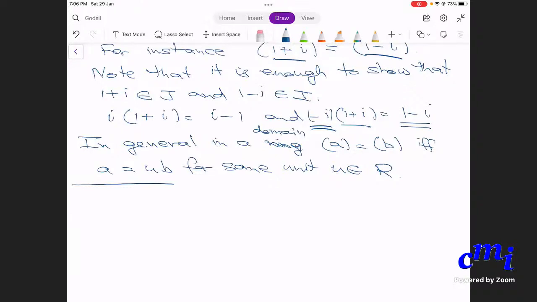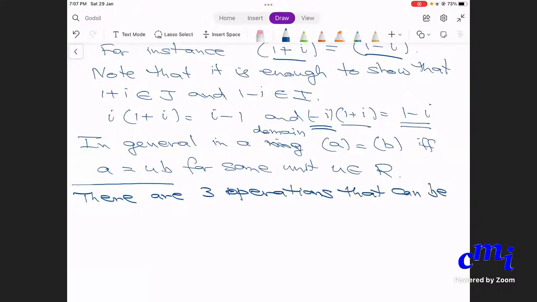You can also add and multiply ideals. So there are, in fact, 3 important operations that can be done with ideals.